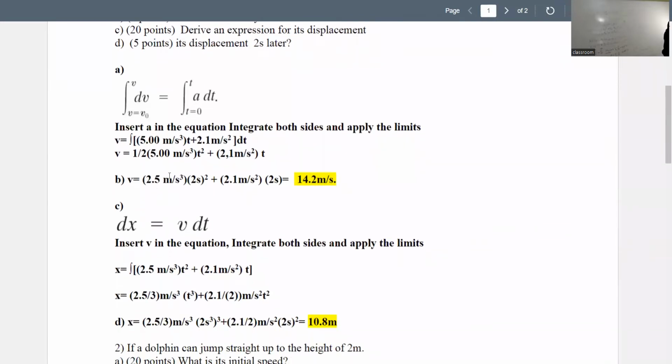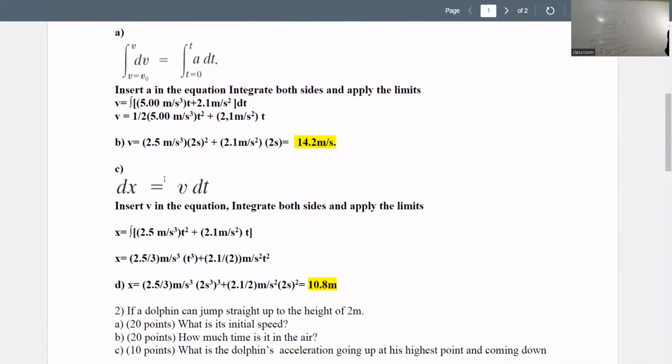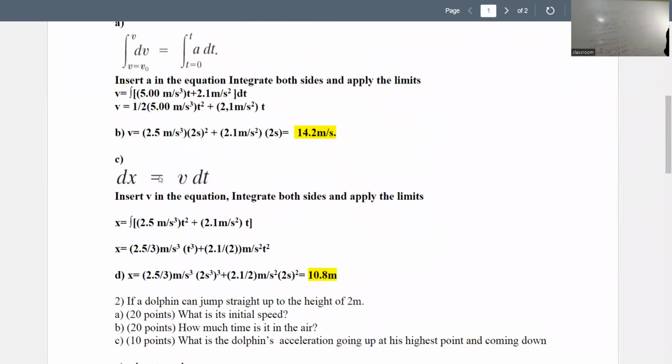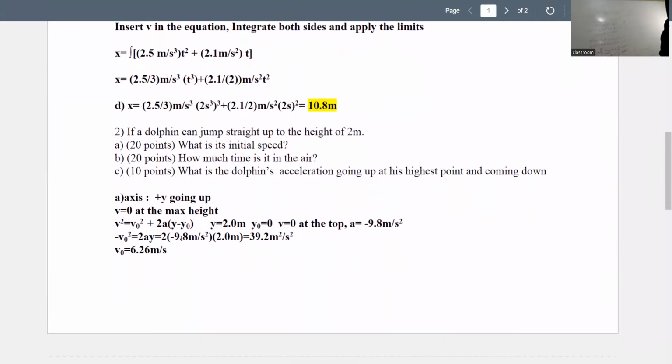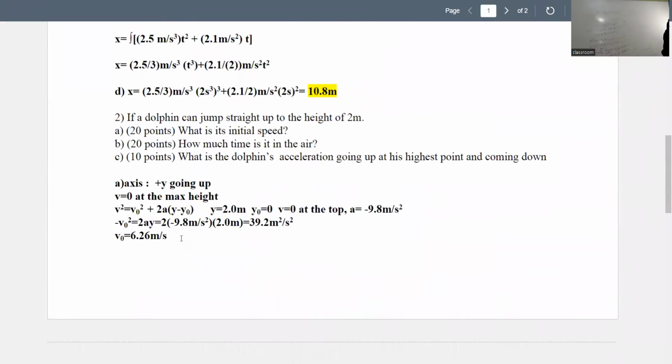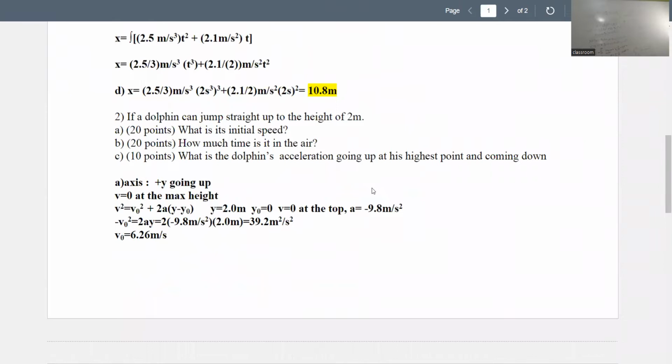So then you integrate, and then you do this integral. Again, your x naught is 0, so that side becomes 0. And then you plug it in. And the second one asks for a dolphin jumping up. So go ahead and look it up while I erase the whiteboard.